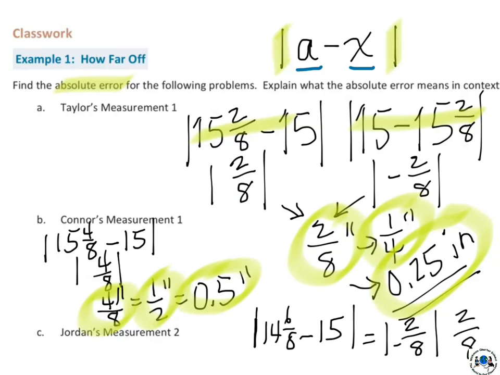And that 2/8 is also 0.25 inches. So there we go.